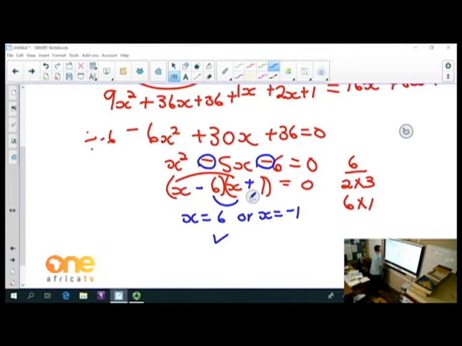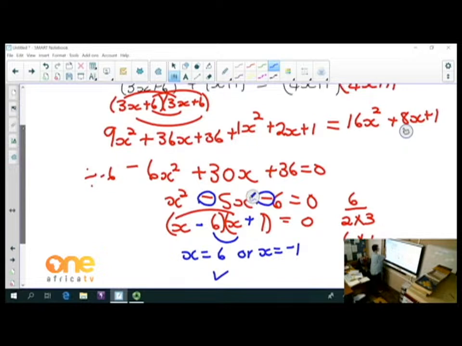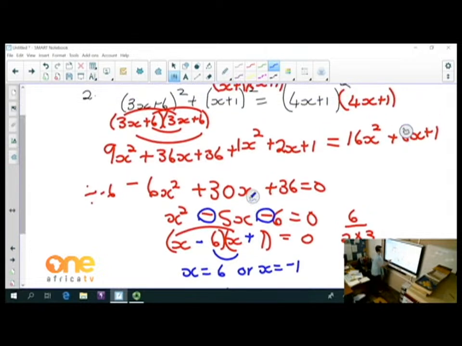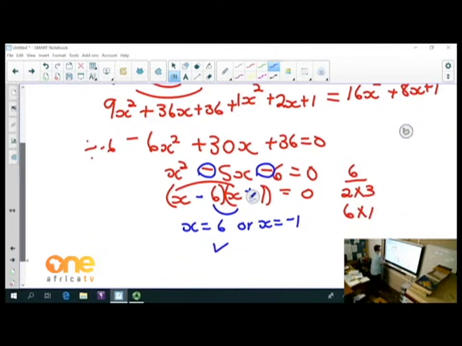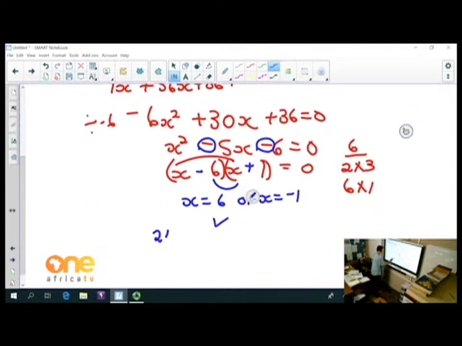And now we can finally find the area. So if we go back now to these sides, what is area? We said area is half base times height. So we need to use the base and the height, these two. If you put the 6 in there, 3 times 6 is 18 plus 6 is 24. So the one side is 24 and the other one is x plus 1, which is 7.